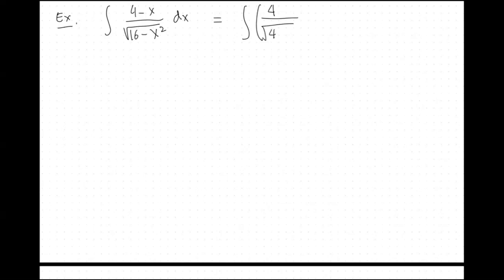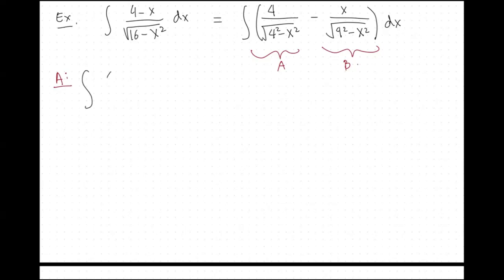You have 4 squared, since 16 is 4 squared, minus x squared, and minus x over square root of 4 squared minus x squared. And then we solve the integrals individually. So first is the following. Letter A.